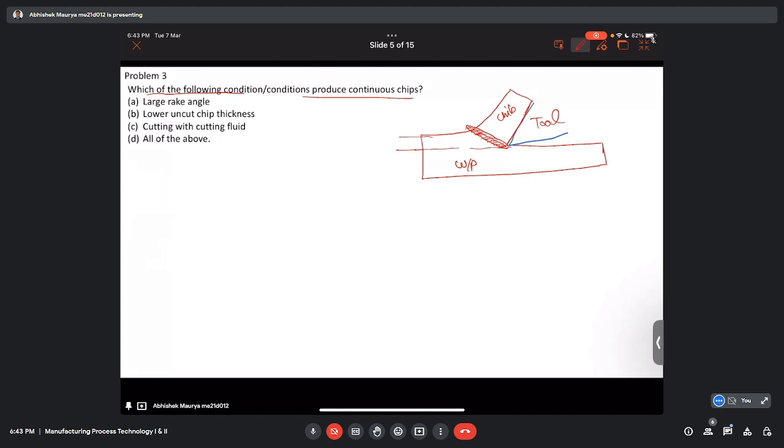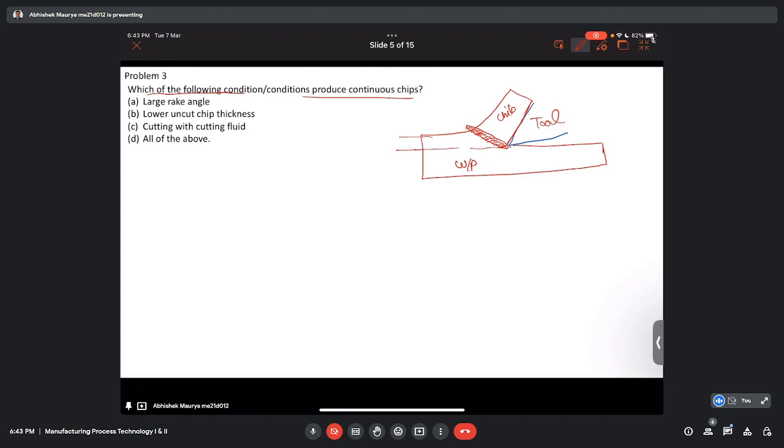So if we want continuous chips, or continuous chip is coming out, it means indirectly we can say the chip is not breaking. Chip is continuous means chip is not breaking.